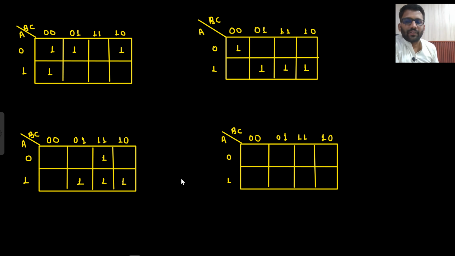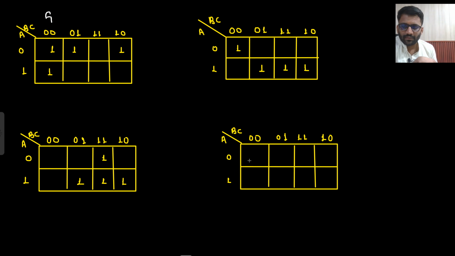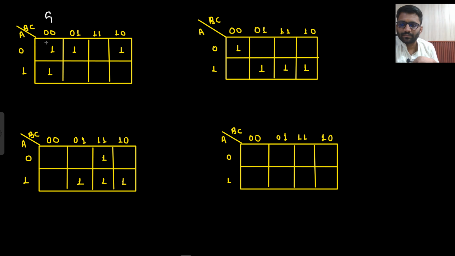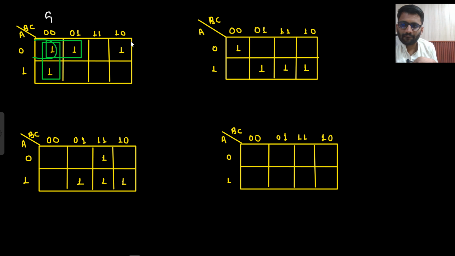So let's try finding the value. This is the K map for F1, right? 0, 1, 2, 4. So what will be the expression for this one?